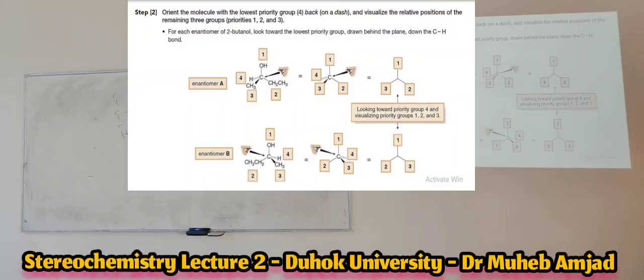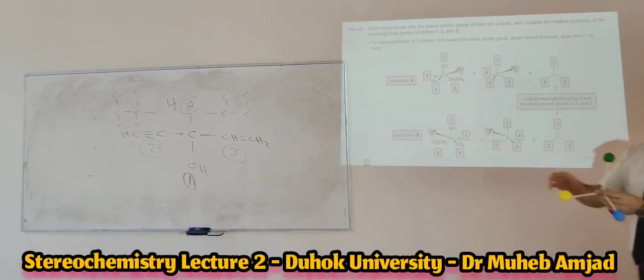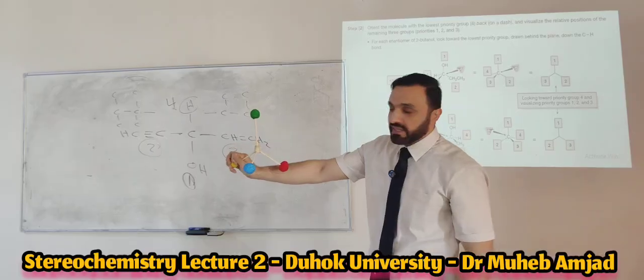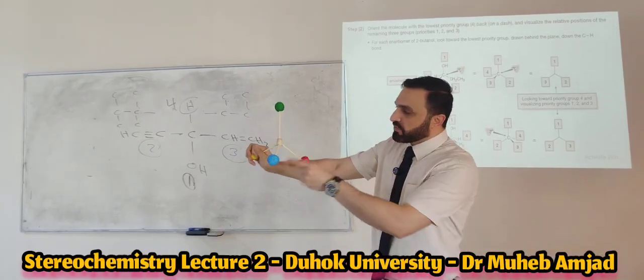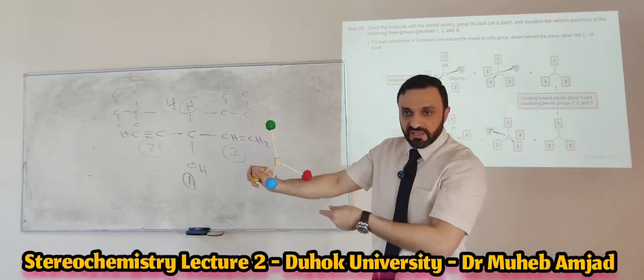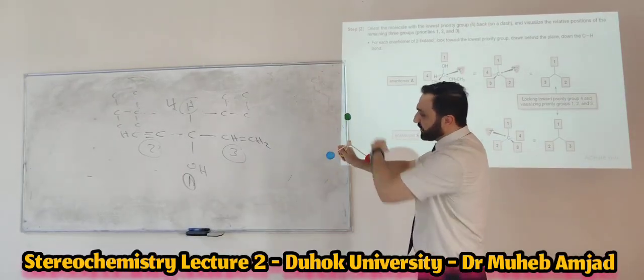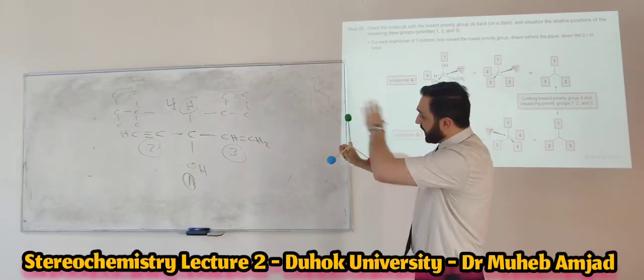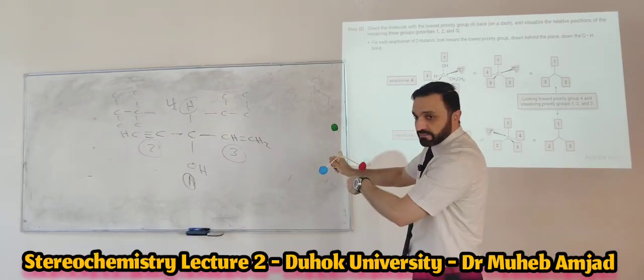And visualize the relative position of the 3 remaining groups. This hydrogen goes to the back side. How many groups remain? 3. Test this: 1, 2, 3, or 1, 2, 3 like that. It will be 1, 2, 3 either clockwise or counterclockwise.